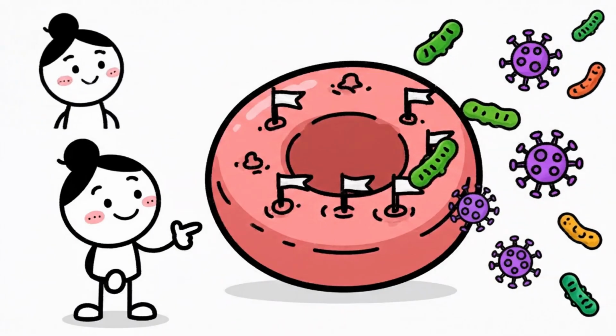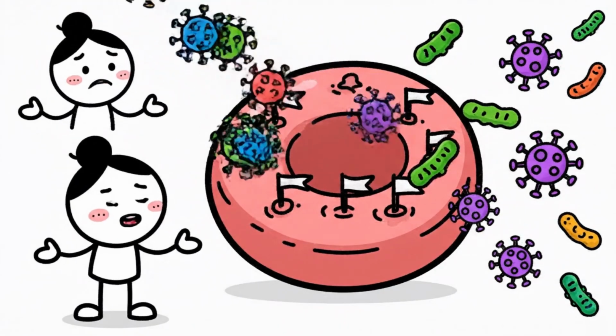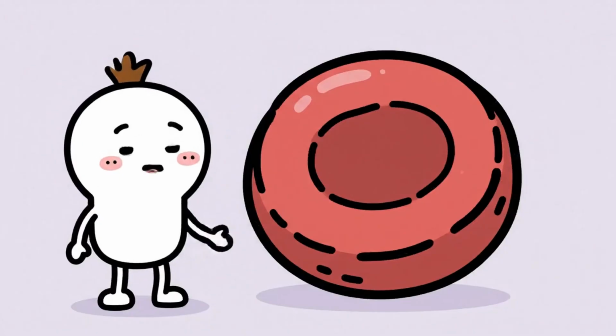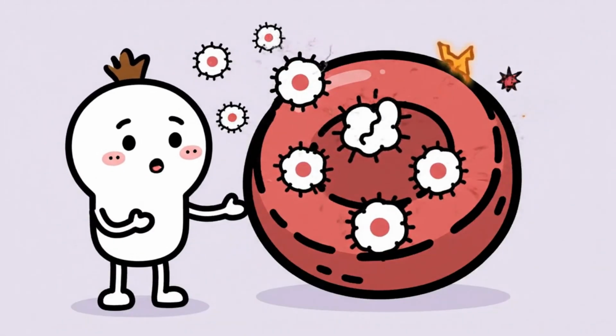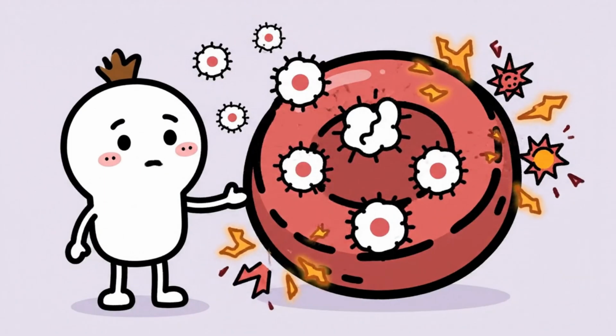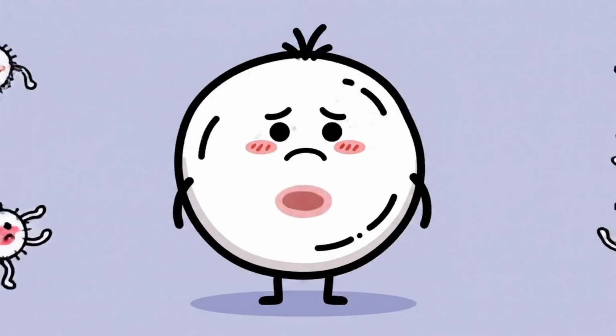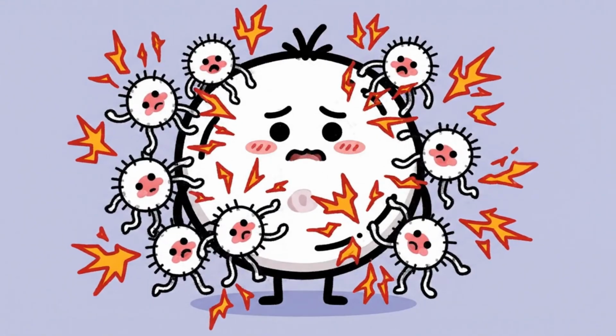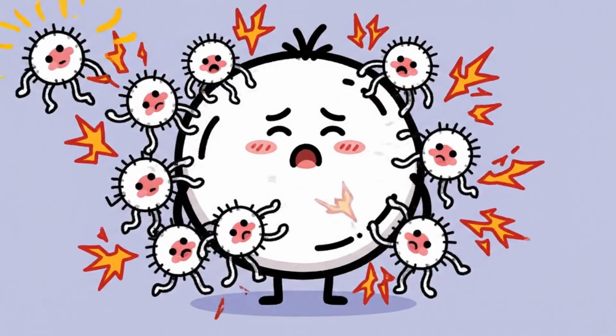Certain bacteria and viruses bind more easily to specific blood group antigens, which can influence infection susceptibility. Some autoimmune and inflammatory patterns also vary slightly by blood type. These are risk modifiers, not predictions. Blood type does not determine whether you will develop a disease. It simply influences how certain biological interactions occur.